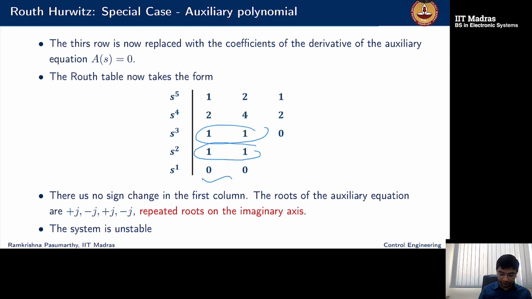But then again, I get an equation which now says that the row corresponding to S1 is 0 and I'm looking at a polynomial s squared plus 1 equal to 0, or roots of the form s equal to plus minus j omega.